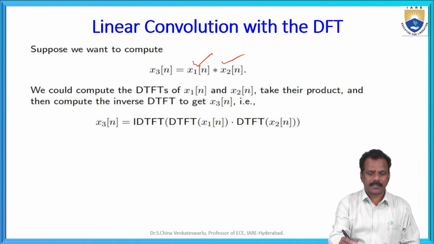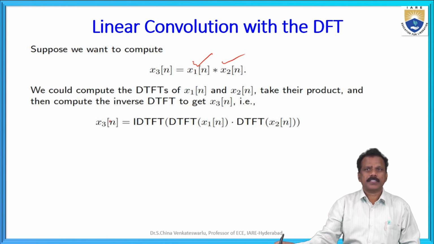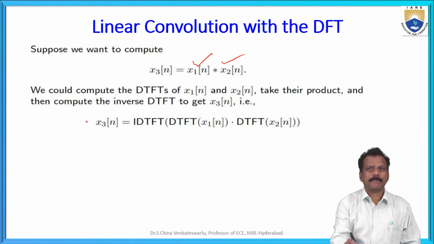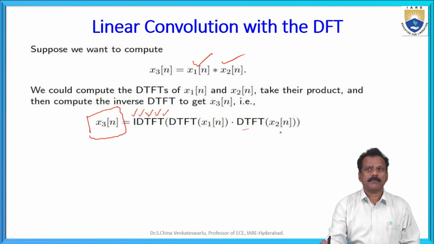That is, x3 of n is equal to the inverse discrete Fourier transform of the DFT of x1 of n multiplied by the DFT of x2 of n.